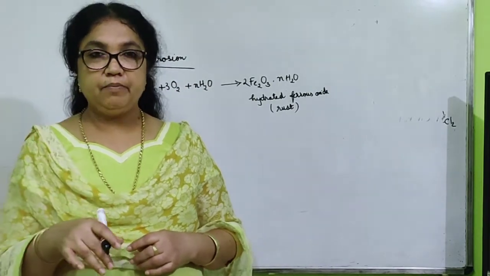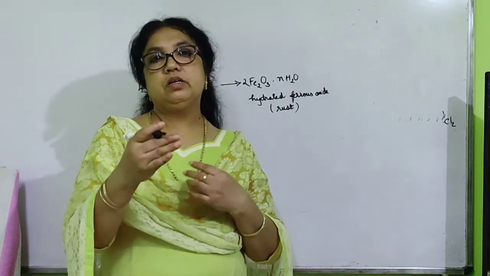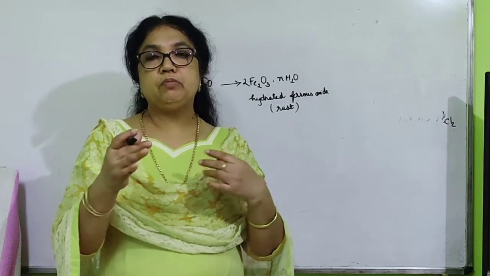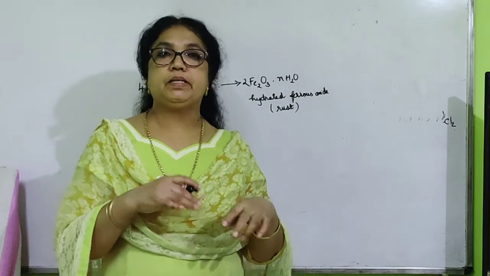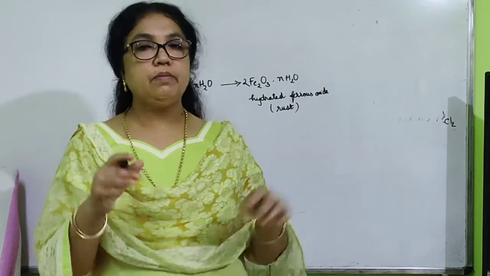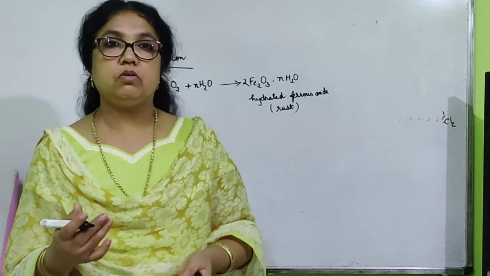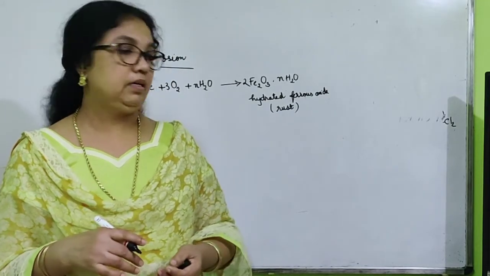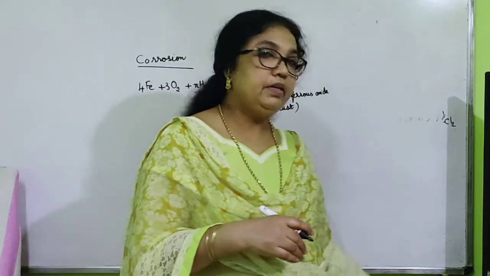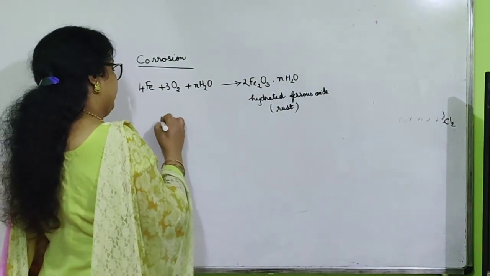On painting, the connection between the atmosphere and the metal surface of the iron is lost. Then the metal will not corrode. That's why painting is done. So how can we prevent corrosion? One of the methods is painting. That is an easy one. Now the next term we are going to learn is rancidity.